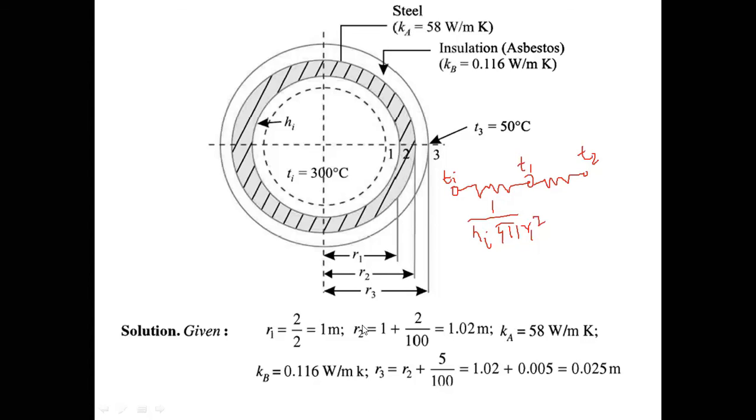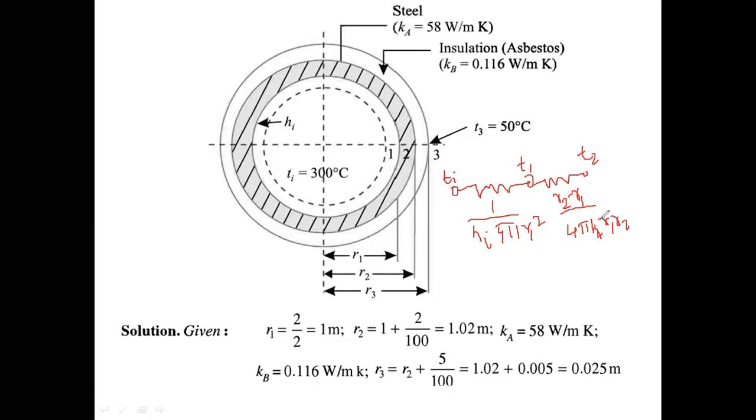This is the radius R2. So this is R2 minus R1 divided by 4 pi K, where A will be 4 pi Ka into R1 R2.